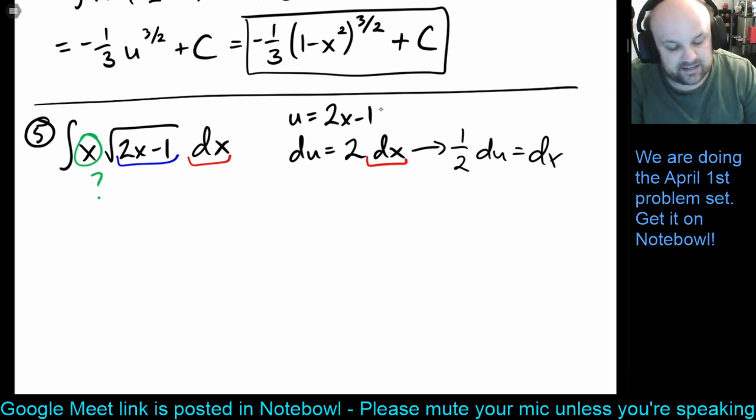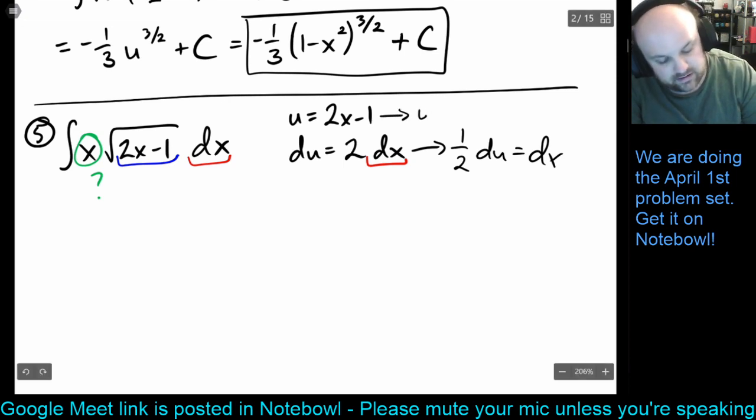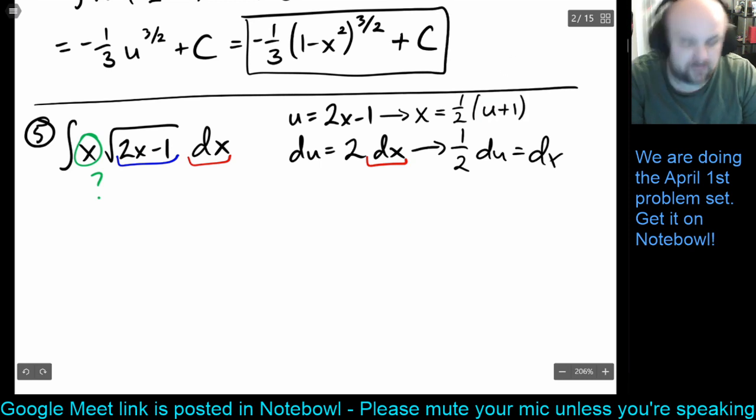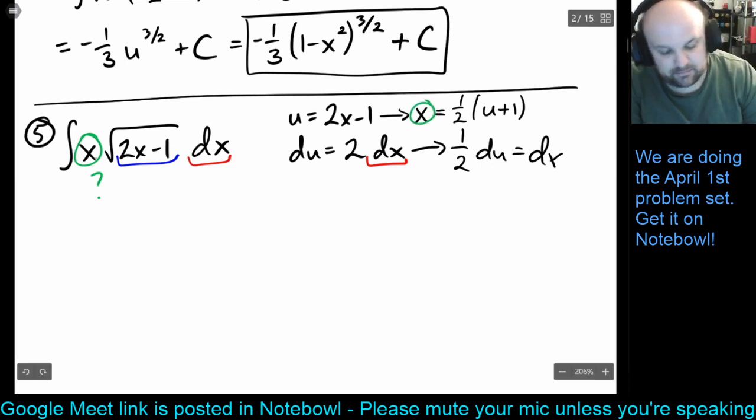Well, I can take my expression for u here and solve it for x. So that's going to be x equals 1/2 of u plus 1, right, to solve that for x. And now I can take that and plug it in here.